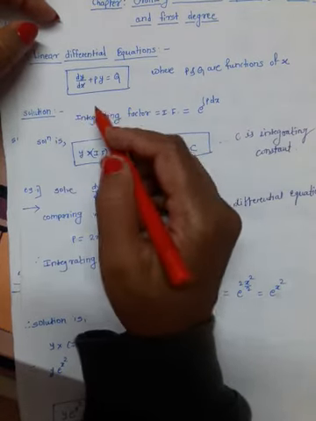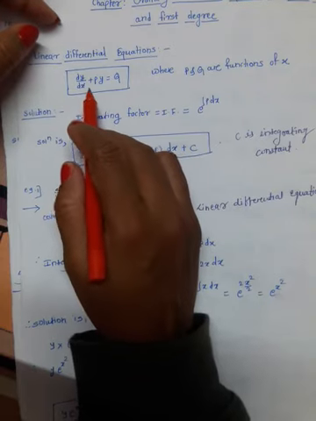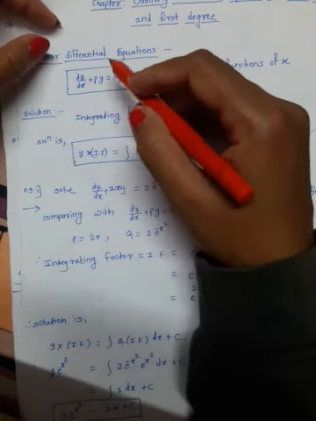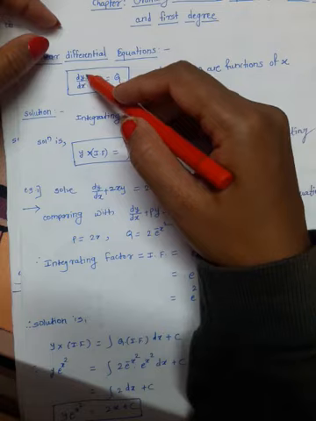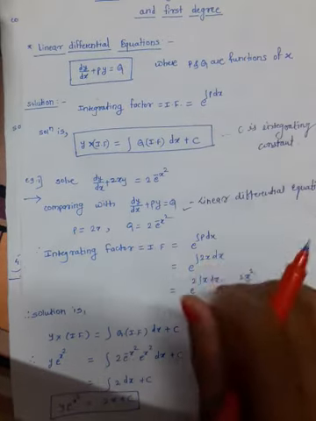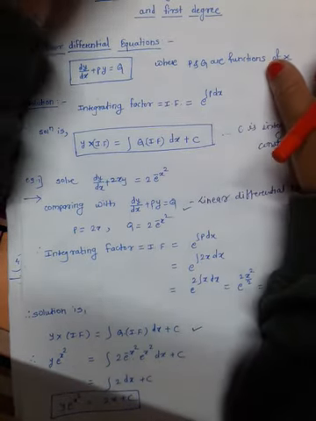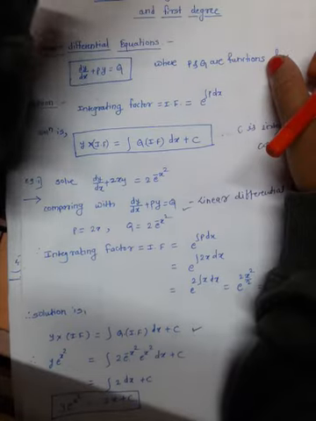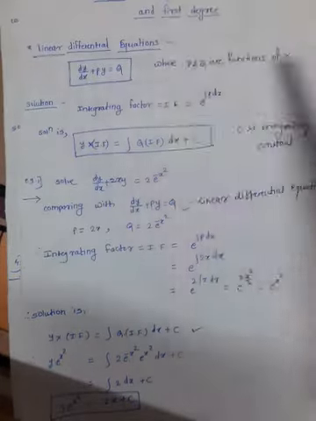The reverse, again if we reverse these variables, instead of x put y, instead of y put x. What will be the new or alternative form of a linear differential equation?